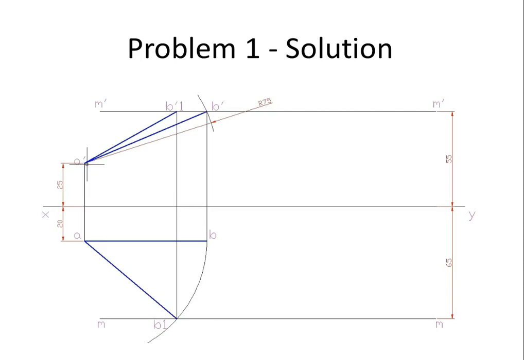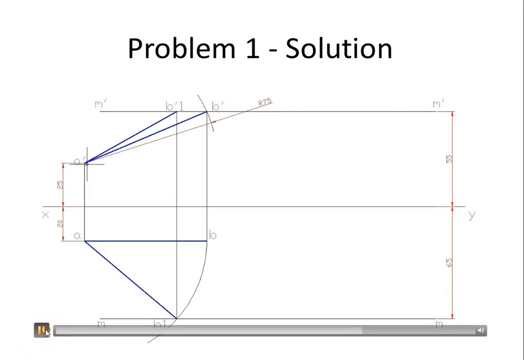Now we also need to get another view, the front view of the inclined line, which is nothing but A dash B1 dash. For that we simply project the position of point B1 directly onto the locus M dash M dash, and join A dash and B1 dash. So we have got the projections. Now proceeding further, we need to find the inclination.